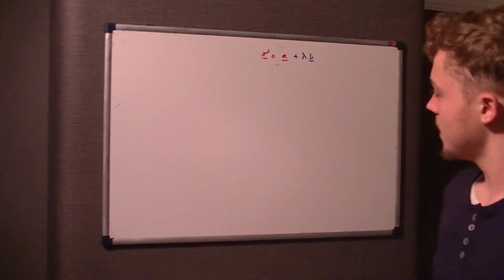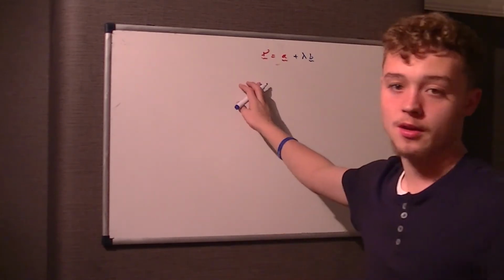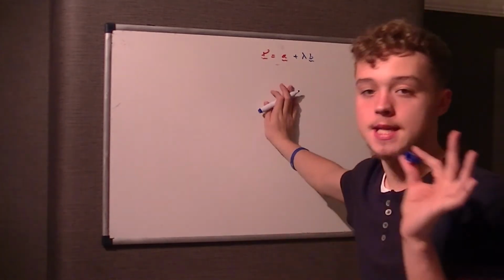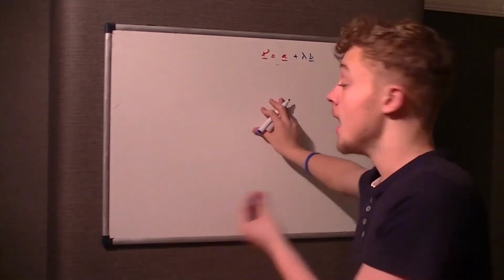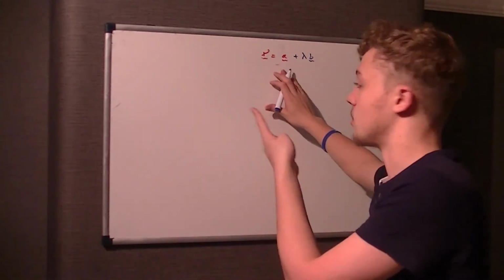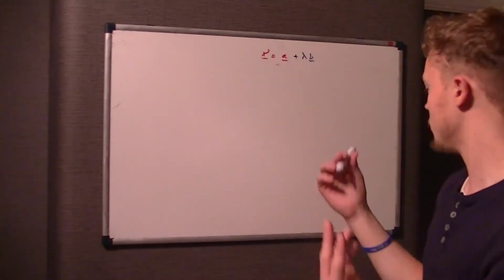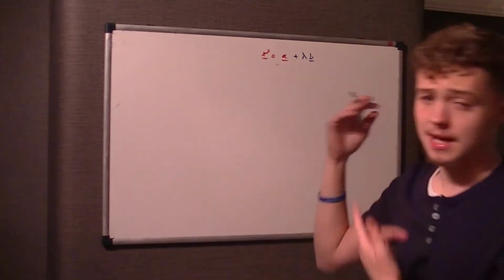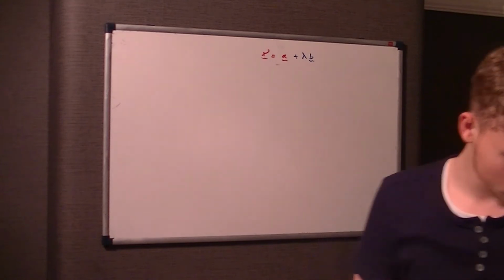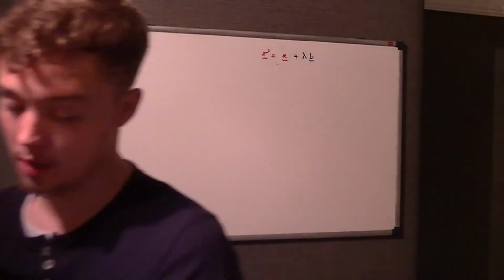So this A is a given vector that doesn't change. That's the point on the line, essentially, and this lambda is a magnitude, and B is a parallel vector to the line. So how do we relate this to the kind of vector that we're going to talk about now?